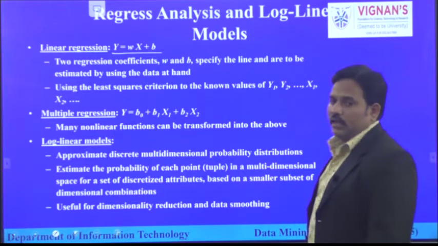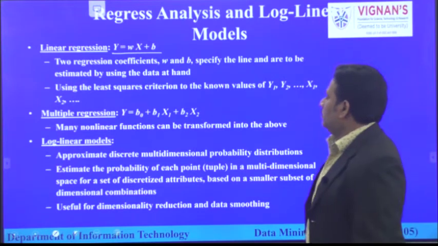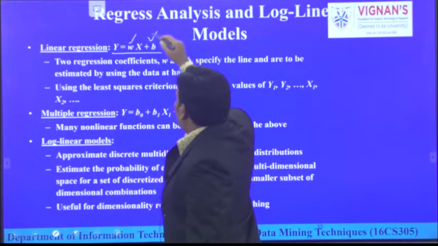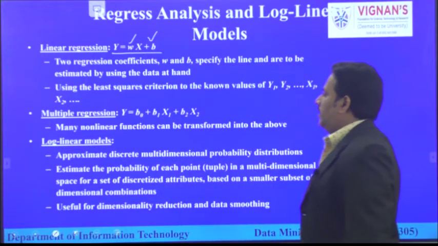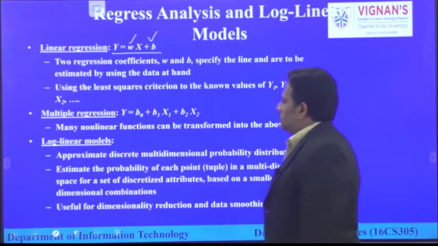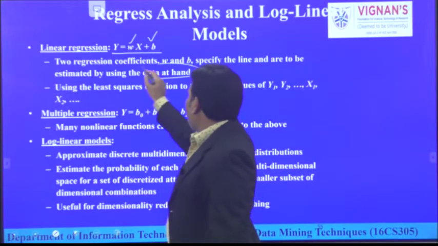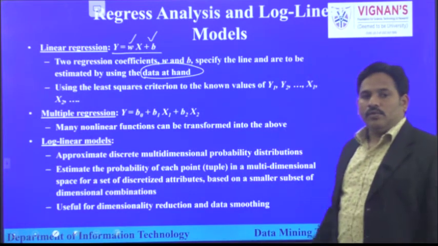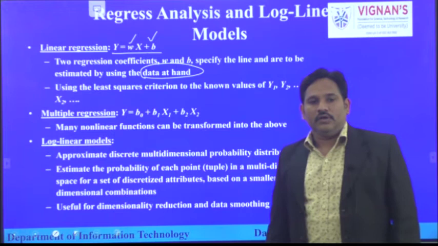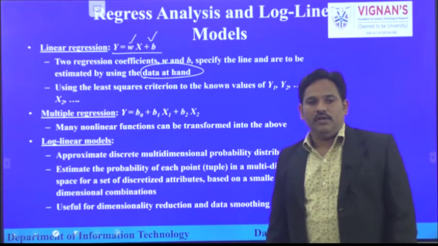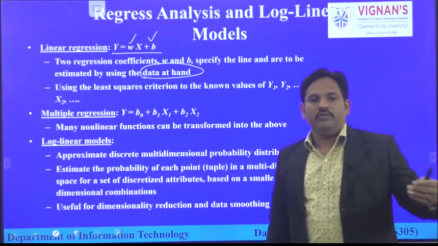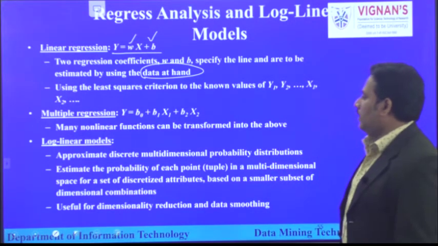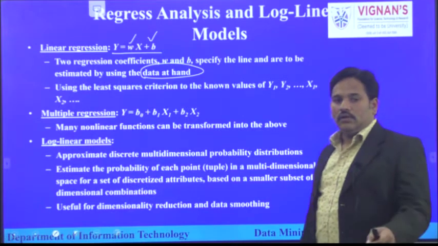Here we are taking the help of two coefficients, called regression coefficients, w and b, which are used to specify or measure the line estimation of the data. Our values are supplied into the straight line equation, and we try to get the new value of y and observe where that y value will fall on that straight line. This is the way we identify the best fit of the model.